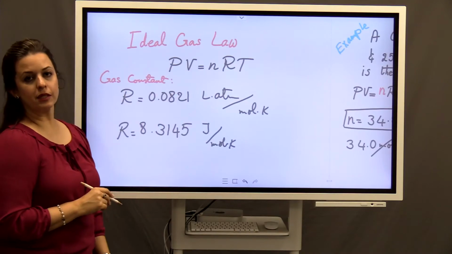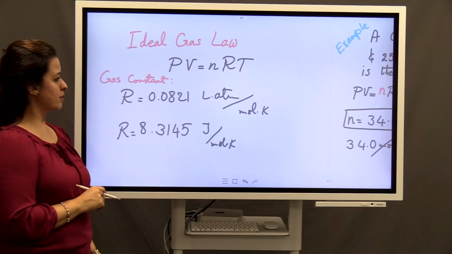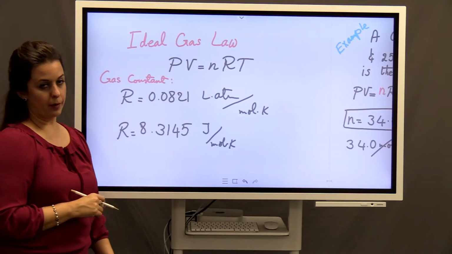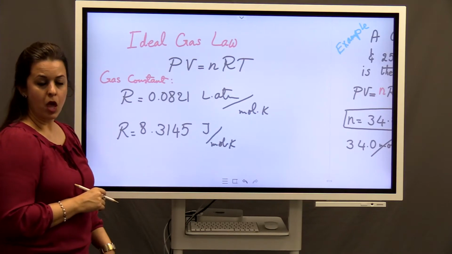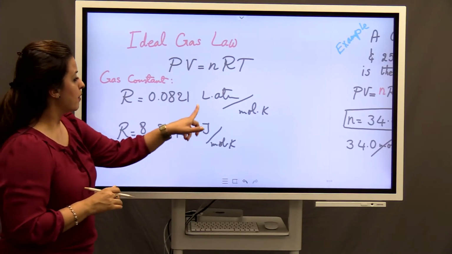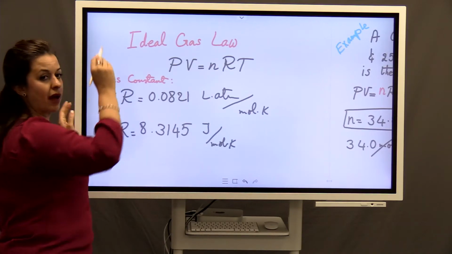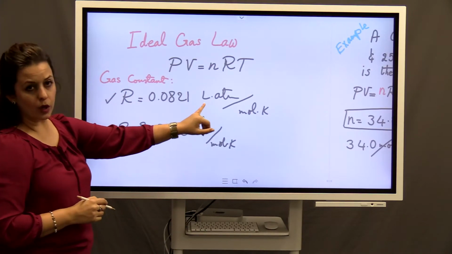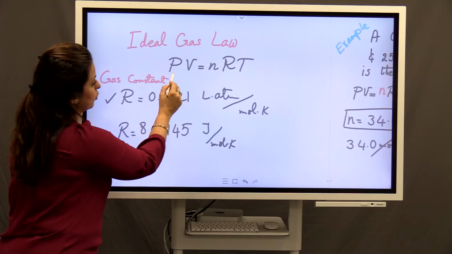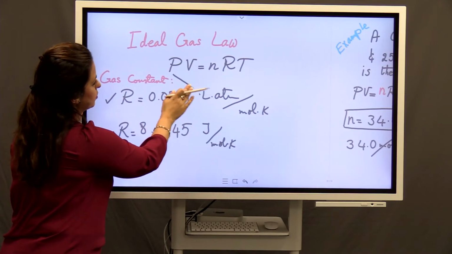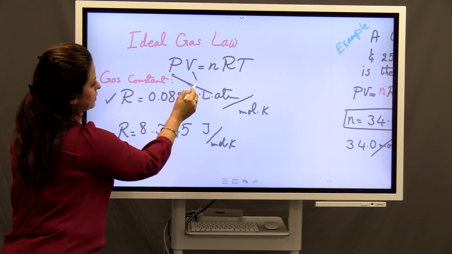These constants will normally be given in the exams because students have some problem memorizing them. But be careful. If you're using, for example, this value for R, make sure the rest of the units are aligned with these units.